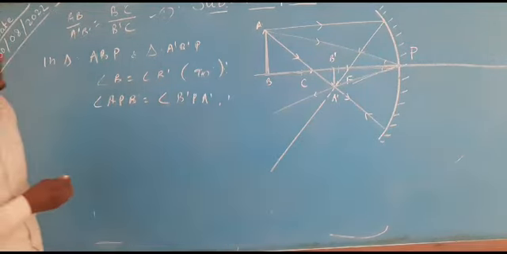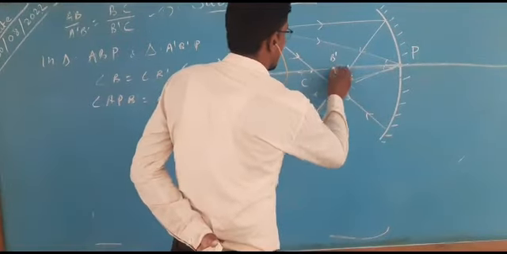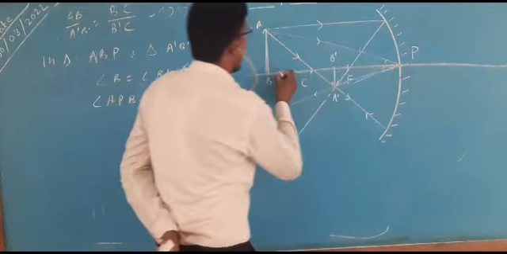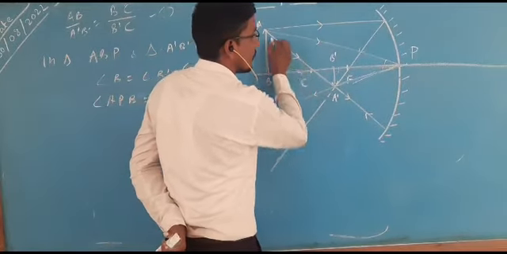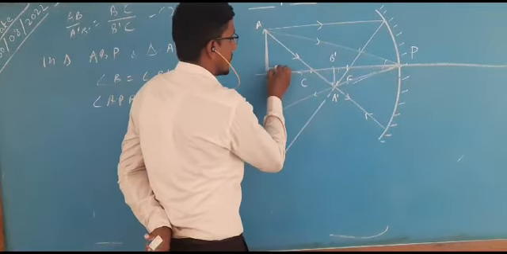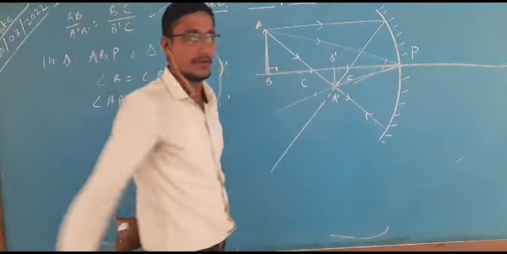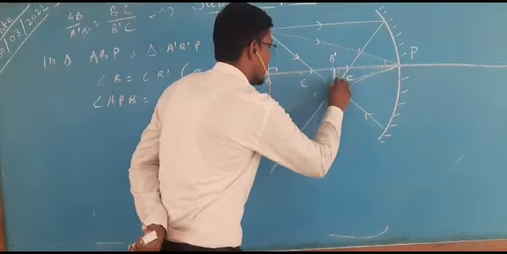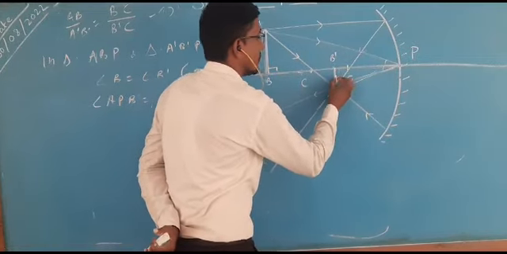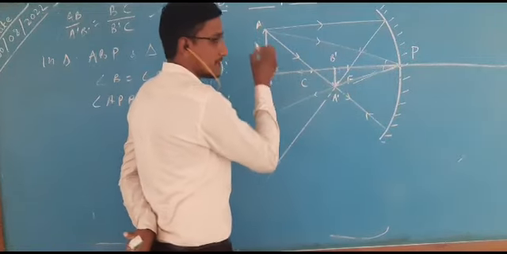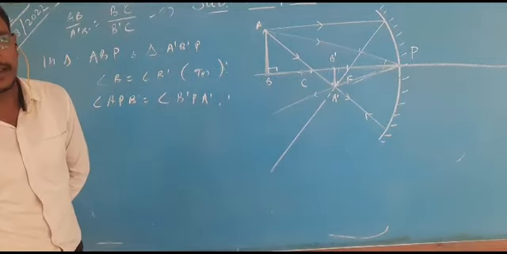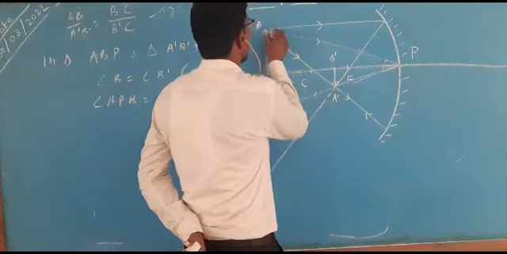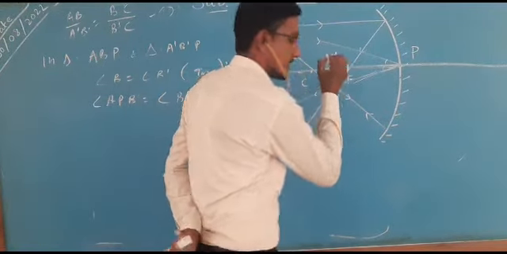The third one is in this triangle and this triangle: this 90 degree angle, which we have already discussed. Another one is this angle. In similar triangles, as we know, this angle should be equal to this angle.